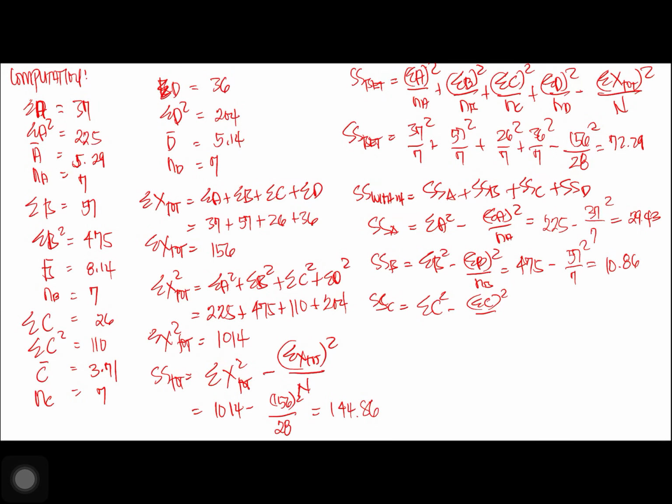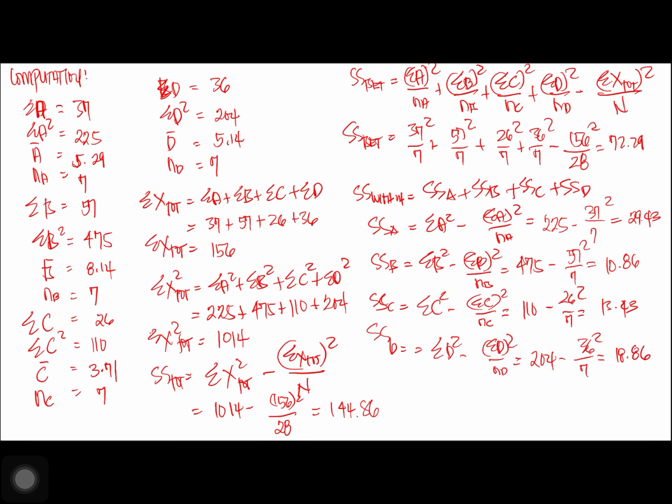SSC is equal to the summation of C squared minus the summation of C squared over NC, which is, what is our summation of C squared? We have 110 minus 26 squared over 7, which gives us 13.43. SSD is equal to the summation of D squared minus the summation of D squared over ND, which gives us 204 minus 36 squared over 7.